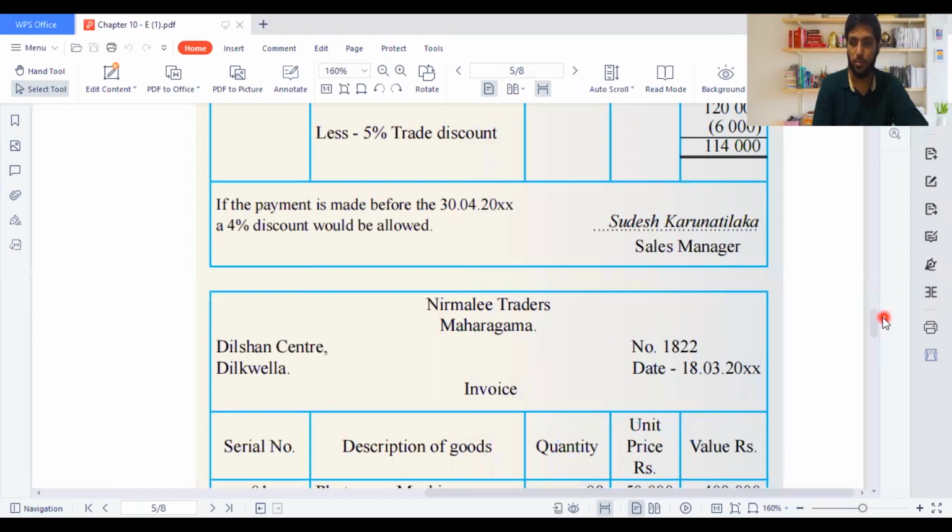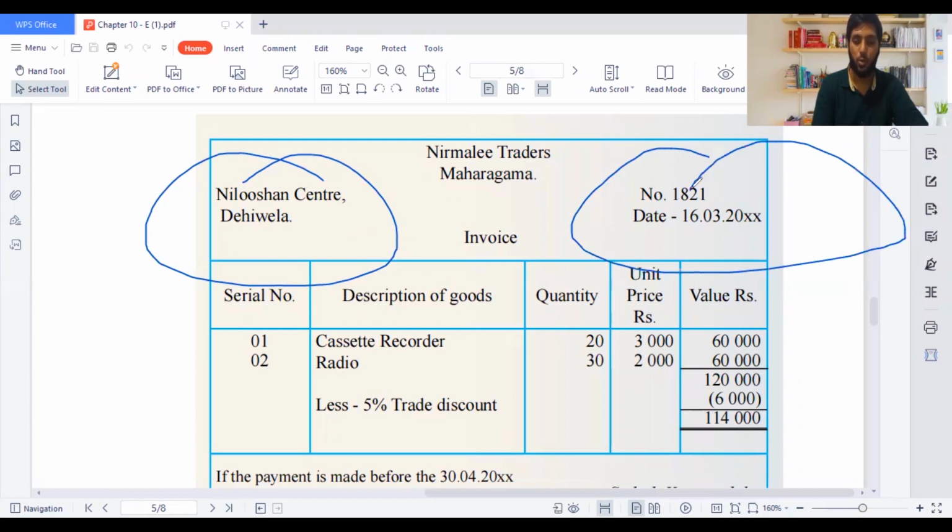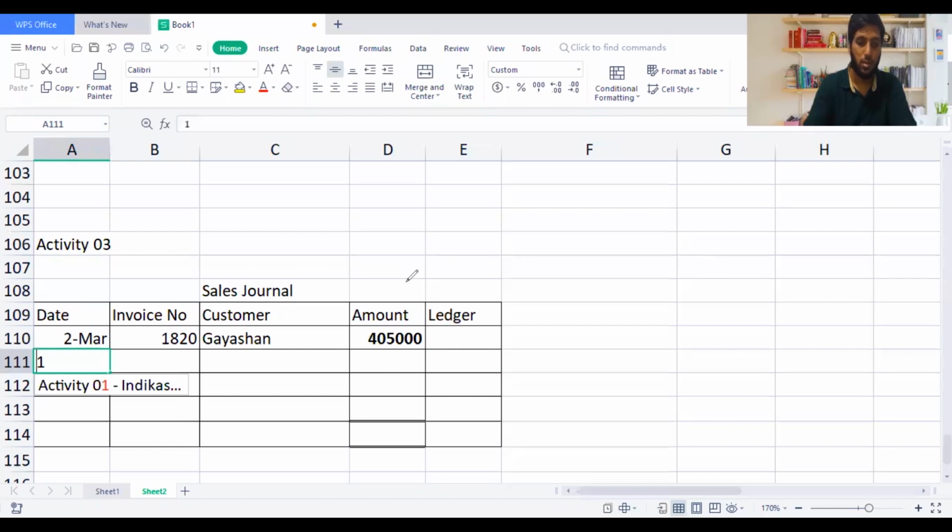Moving on to the second thing, Nirmali Traders is selling for Nilution Center. The invoice number is 1821 and 16/3 is the date on which we are selling, and the amount is 114,000. These are the 4 things which we need to notice. 16th, third, 16.